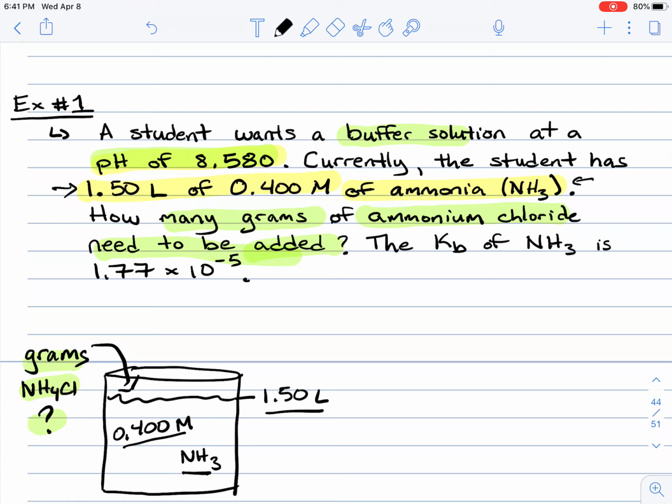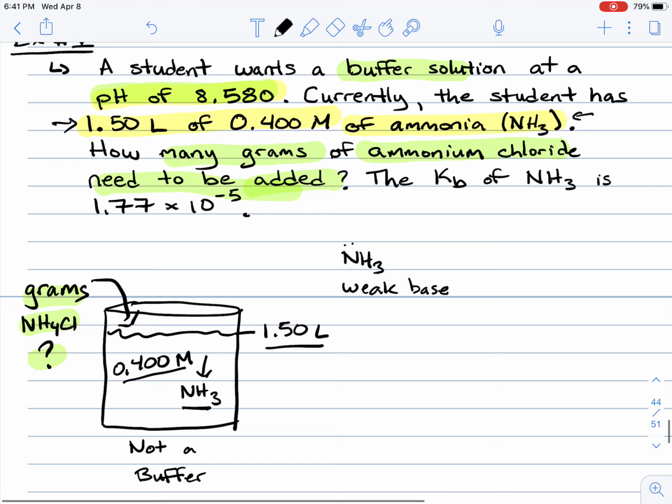Before I start going into the calculations, I want you to take a look at the components inside the beaker. Notice that we only have one substance, which is NH3. Even though NH3 is considered a weak base, it alone cannot act as a buffer.